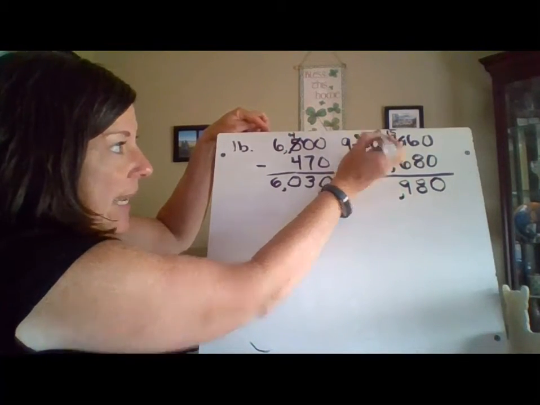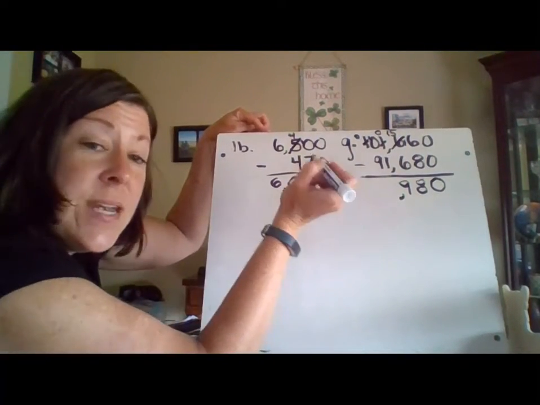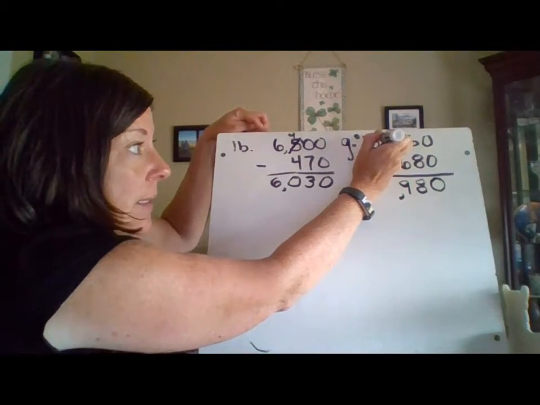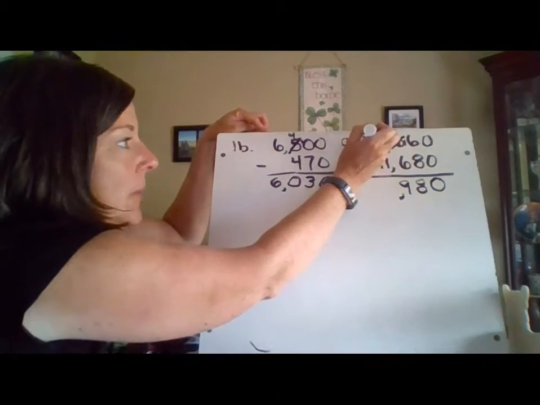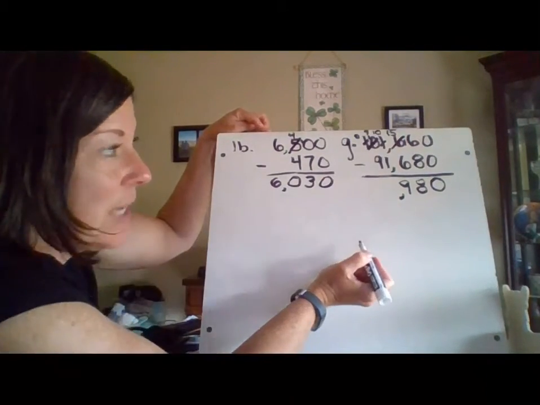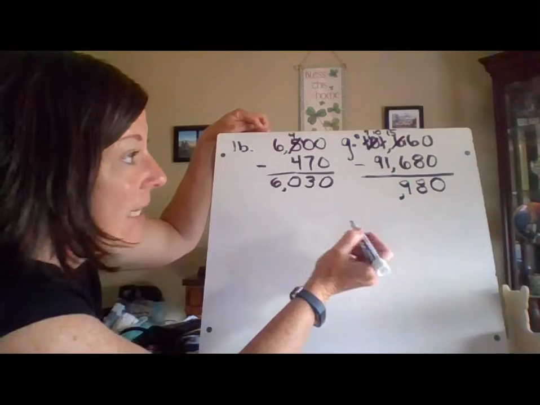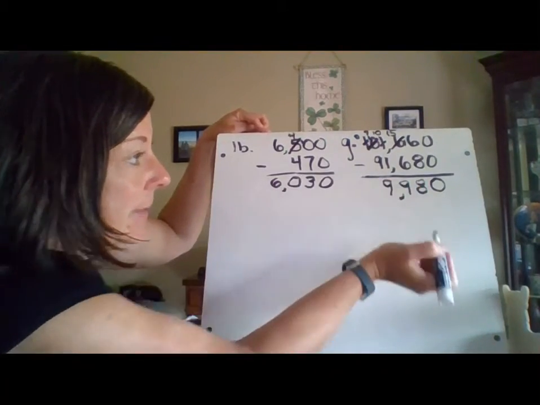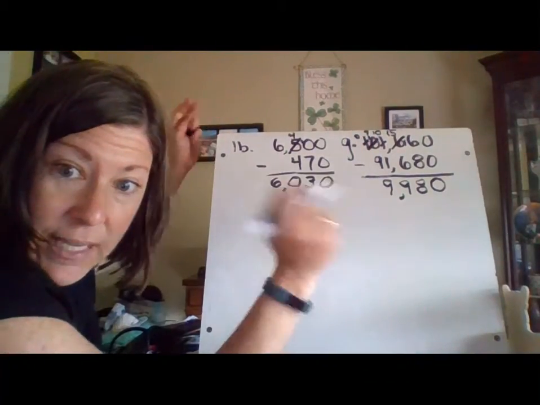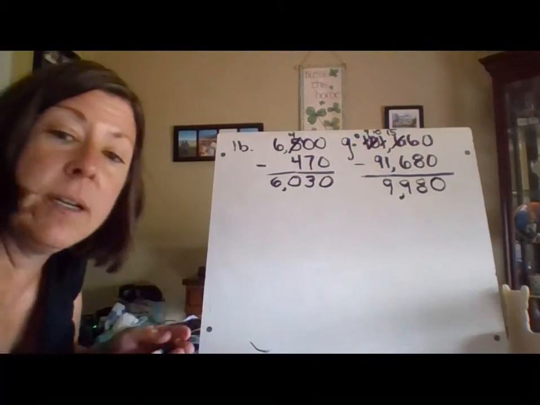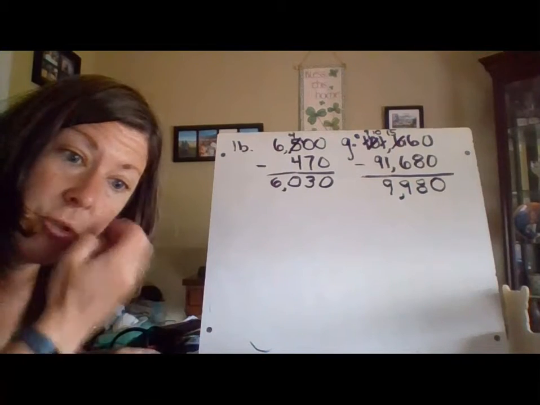This becomes a 10. Now I can borrow from it, but it becomes a 9, and this becomes a 10. 10 minus 1 is 9. 9 minus 9 is nothing. So my final answer, 9,980.